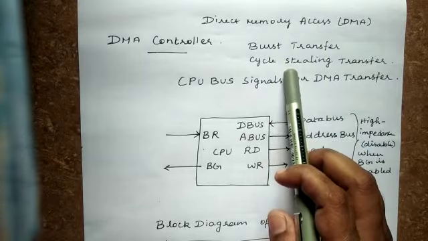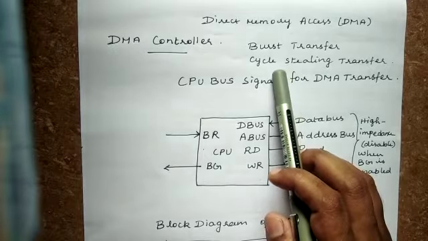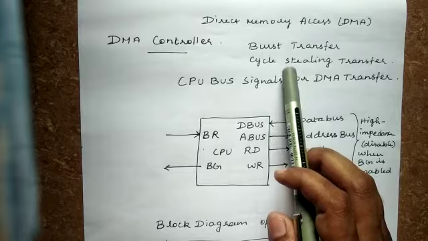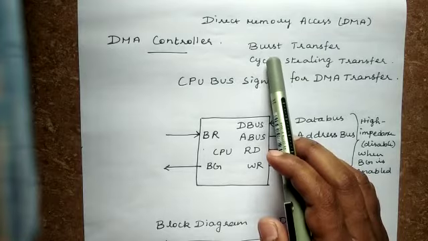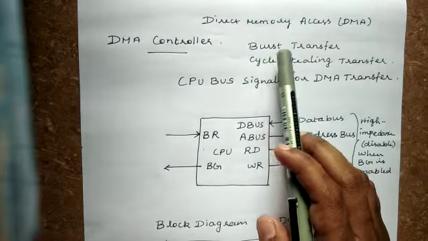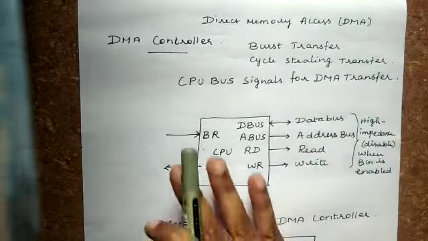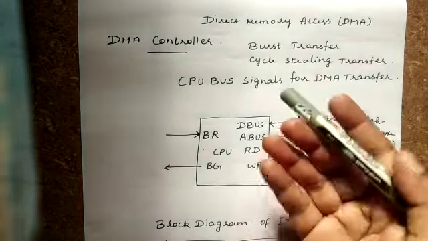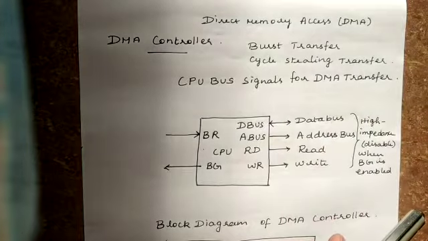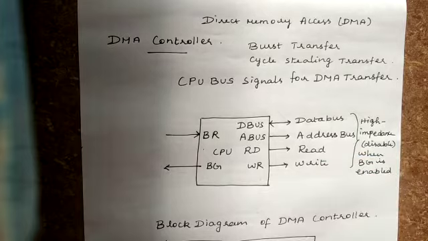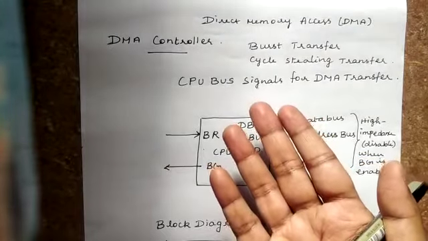Cycle stealing transfer means it will transfer only one data word at a time. After transferring that one data word, it will return all the control lines to the CPU for performing some other operation. I'll tell you when we discuss the block diagram how it takes control from the CPU, how it performs the transfer operation, and after terminating the transfer operation, how it returns the control lines to the CPU.